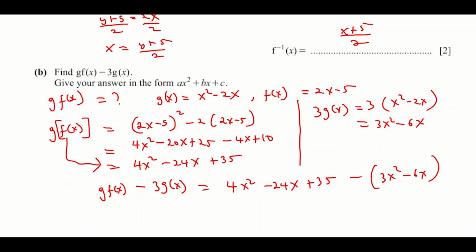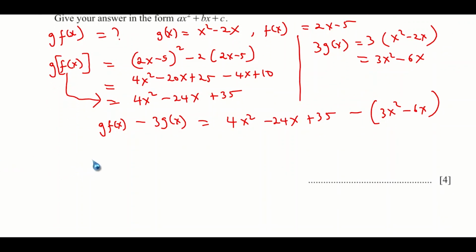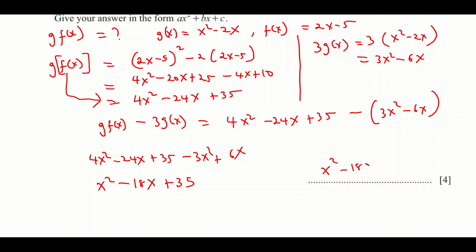If I expand that bracket, I have 4x squared minus 24x plus 35 minus 3x squared plus 6x. If I simplify this, 4x squared minus 3x squared is x squared. Then minus 24x plus 6x is minus 18x, then plus 35. So the final answer is x squared minus 18x plus 35.